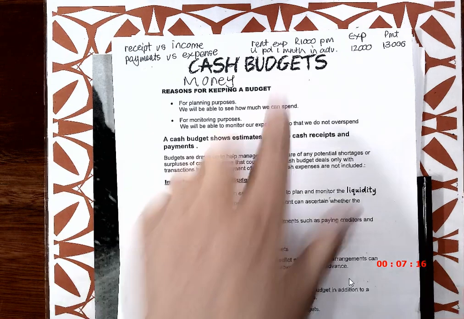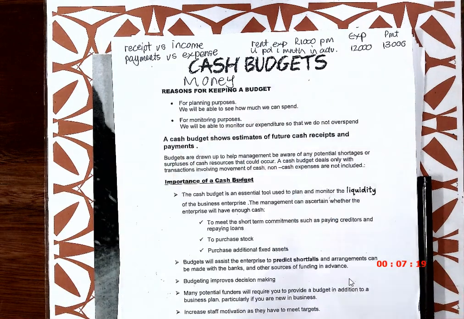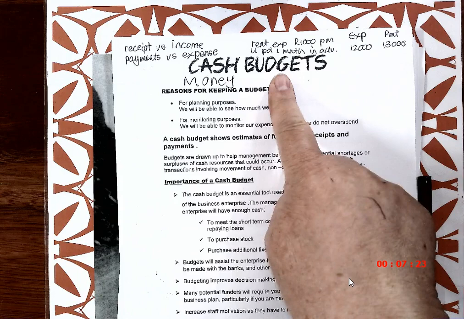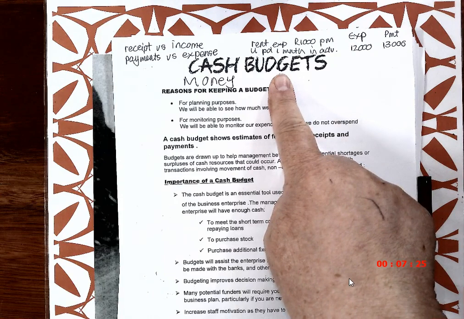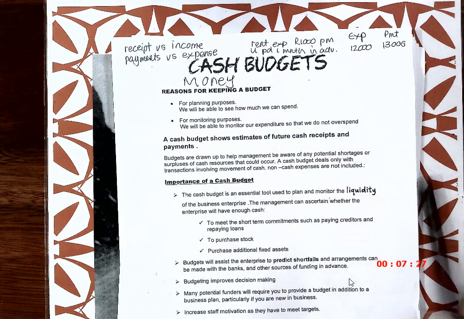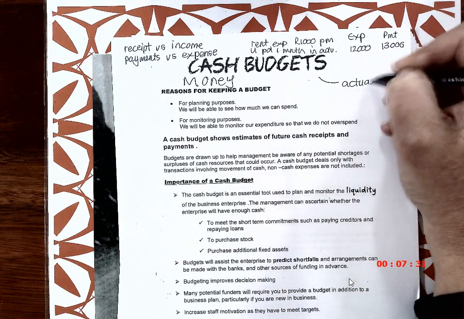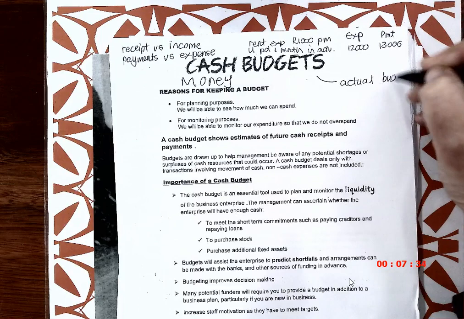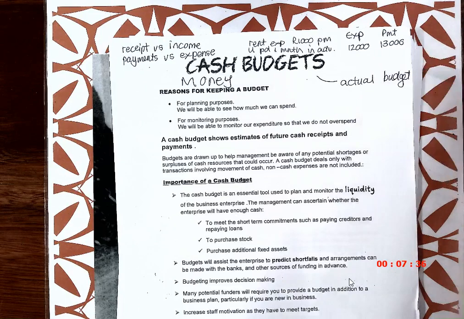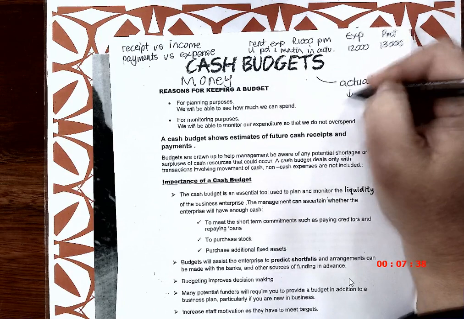What is a budget? A budget is I'm planning. Has a budget happened? No, it didn't happen yet. Okay? So you're going to see, I'm going to use two words. I'm going to use the word actual and budgeted. Actual already happened.